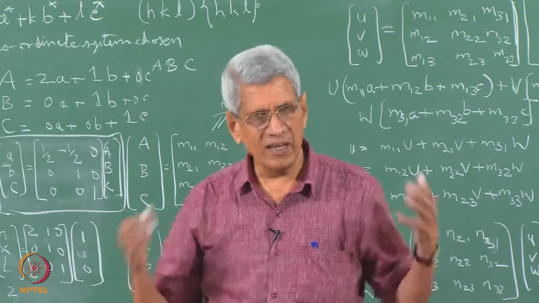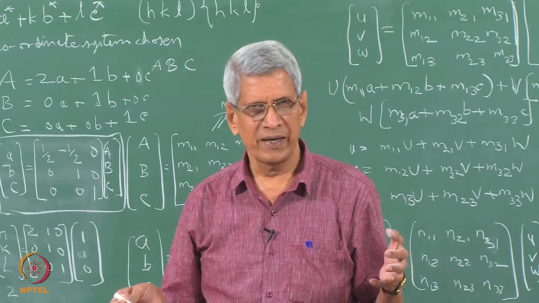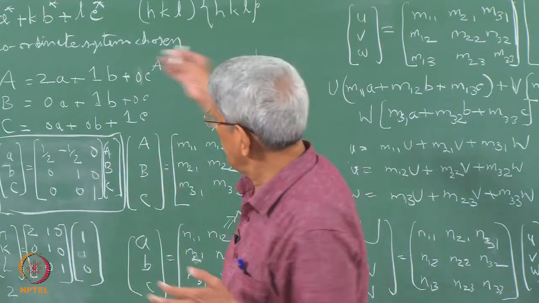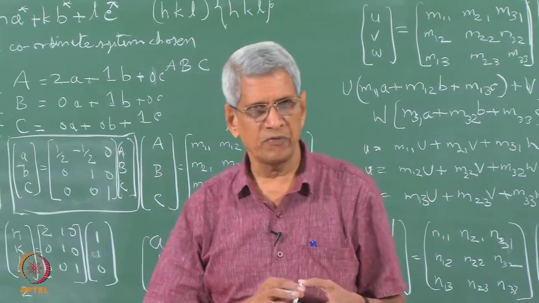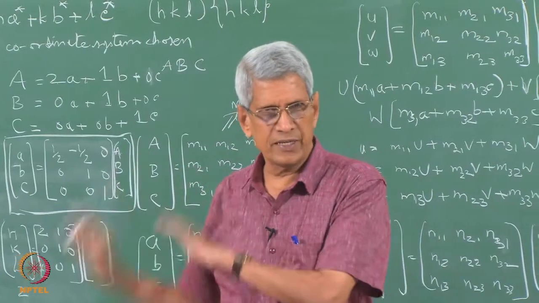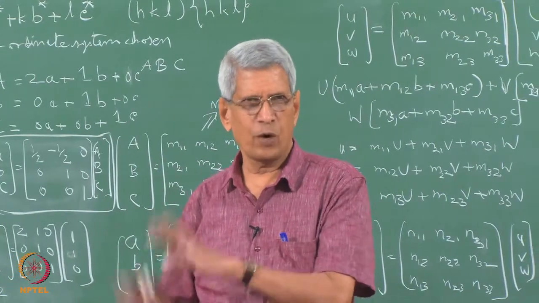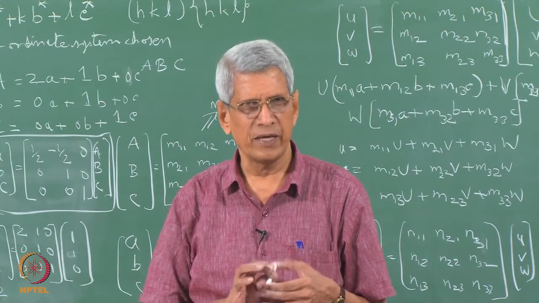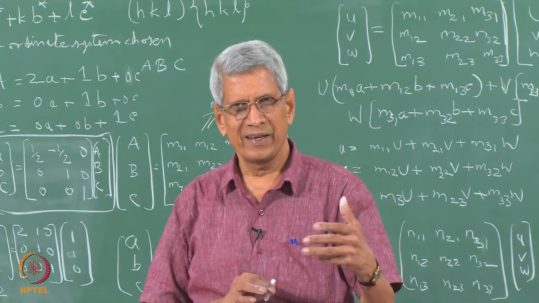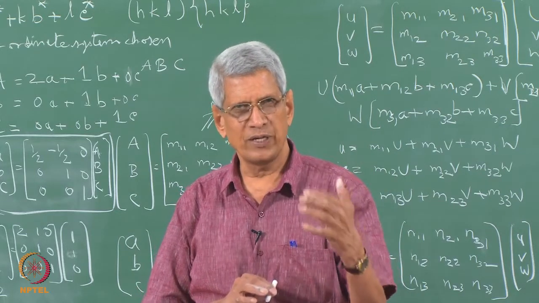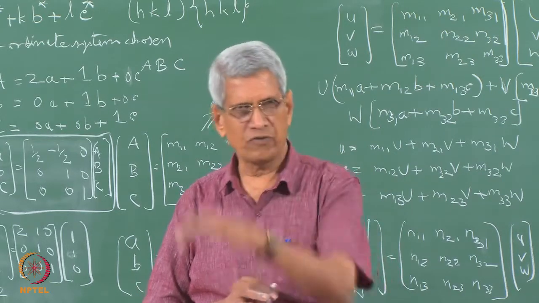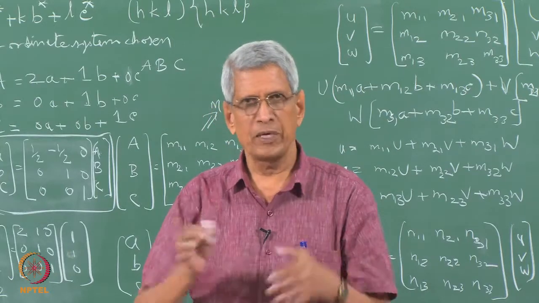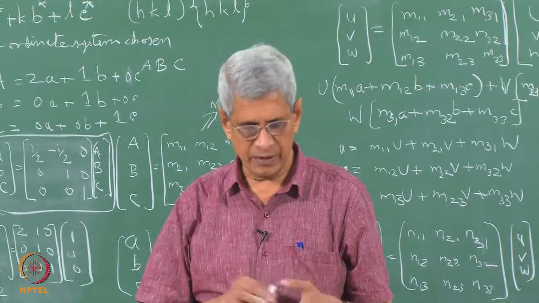In fact, for any crystal structure, a similar type of correspondence we can find out. We initially took a 2-dimensional case, now we extended it to 3 dimensions. Similarly, for all the lattices, when you know the unit cell in one and how it is oriented with respect to that, when it transforms into the other lattice, we will be able to find out directions.